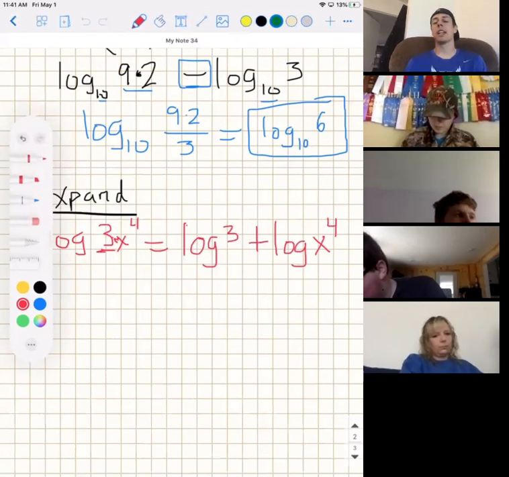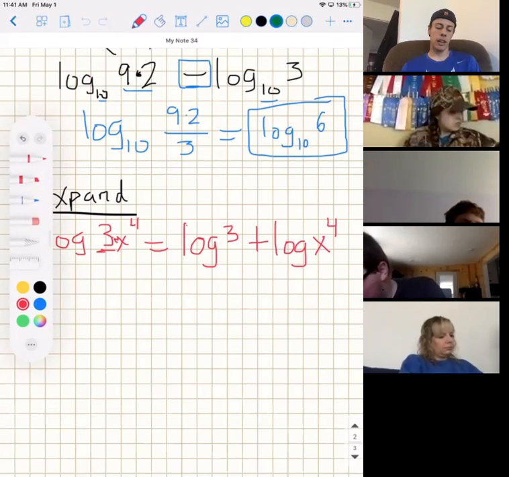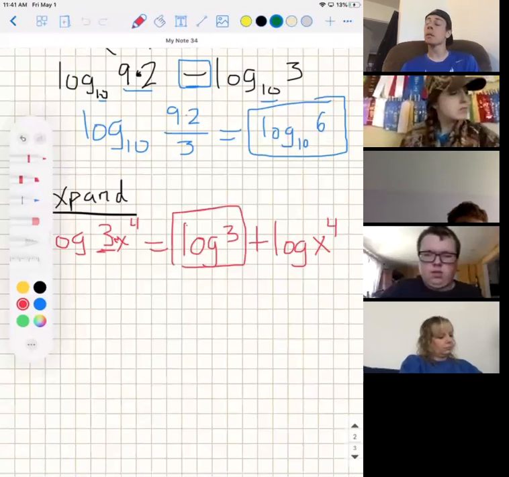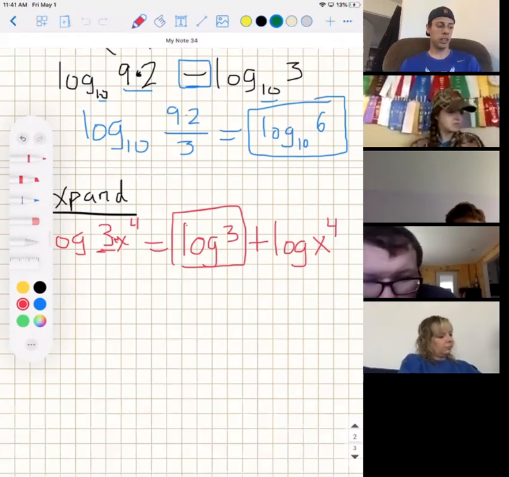We just expanded it into 2 logs. In this example, neither of them simplifies super nice, so log base 10 of 3 doesn't give us a whole number, but sometimes it might, and then you could really simplify it into just a number there.